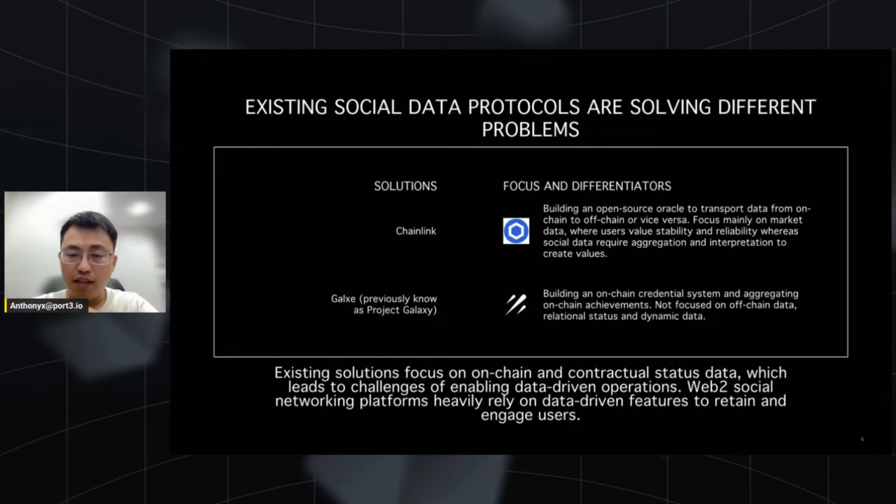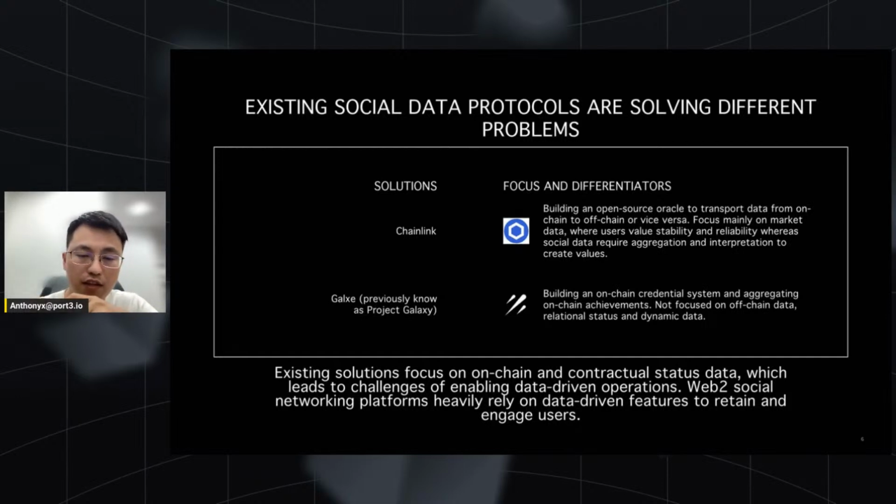And Galxe is more like an on-chain credential system that aggregates on-chain achievements and mints NFTs for users. But it is focused on on-chain data, not off-chain data. So we want to combine off-chain and on-chain data to build a social data network.